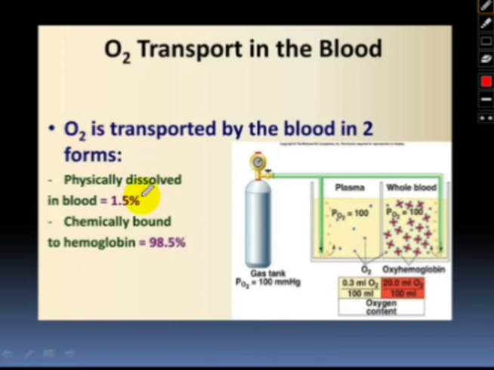Yes? I can't hear you. I think we have a second mic. Does it have a range? Yes. In physiology, we need ranges. We always have ranges. But we are talking of a percentage now.